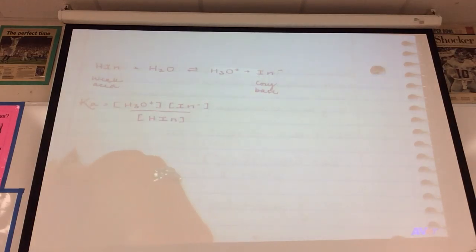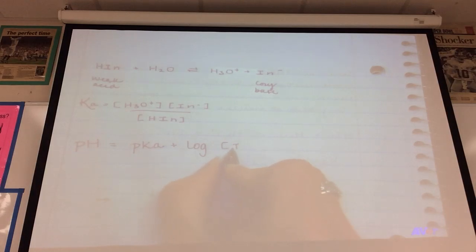Now Henderson-Hasselbalch equation says that pH is equal to pKa plus the log of the conjugate, in this case conjugate base, over the weak acid.